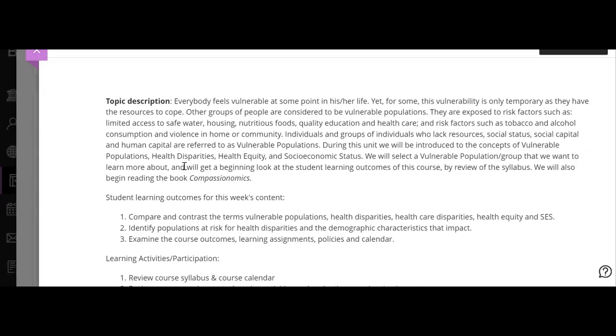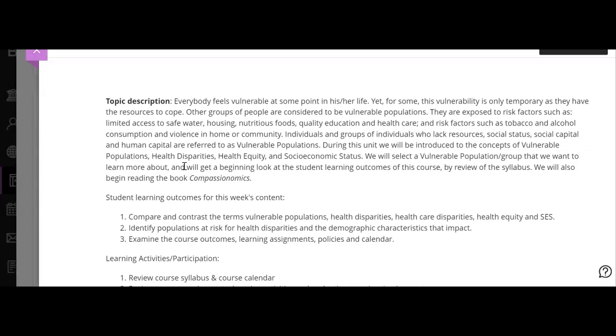vulnerability. Feeling vulnerable. Everyone feels vulnerable sometimes. But some groups of individuals are considered to be vulnerable populations. They are exposed to risk factors such as limited access to safe water, especially if we're talking globally, but we know we've experienced this in Detroit, Michigan.